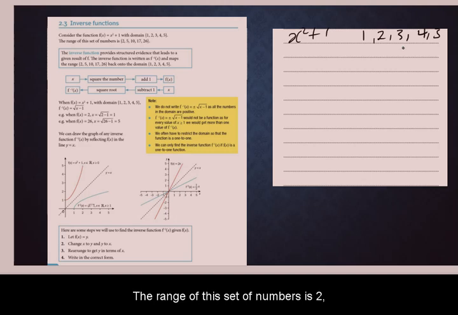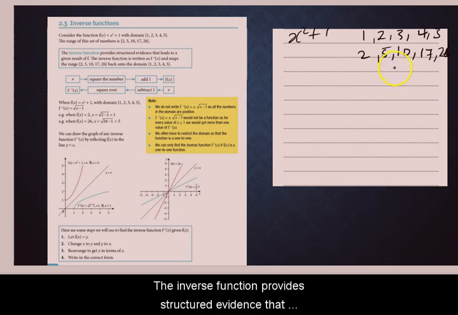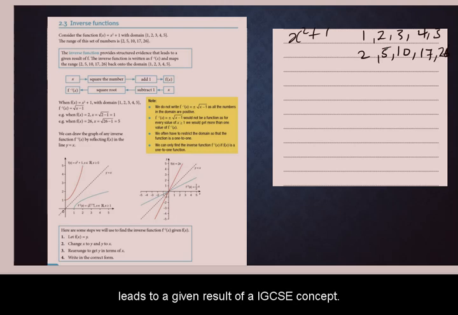The range of this set of numbers is 2, 5, 10, 17, 26. The inverse function provides structured evidence that leads to a given result of x.